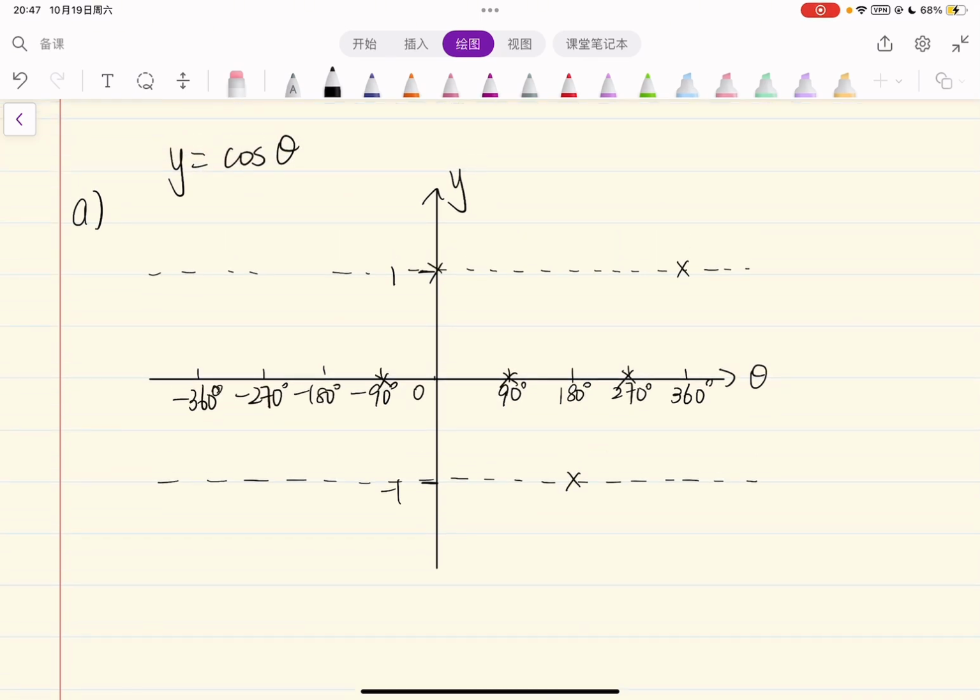Minus 180 degrees, y equals minus 1. Theta equals minus 270, y equals 0. For minus 360 degrees, y equals 1. Now we can draw the curve of that.